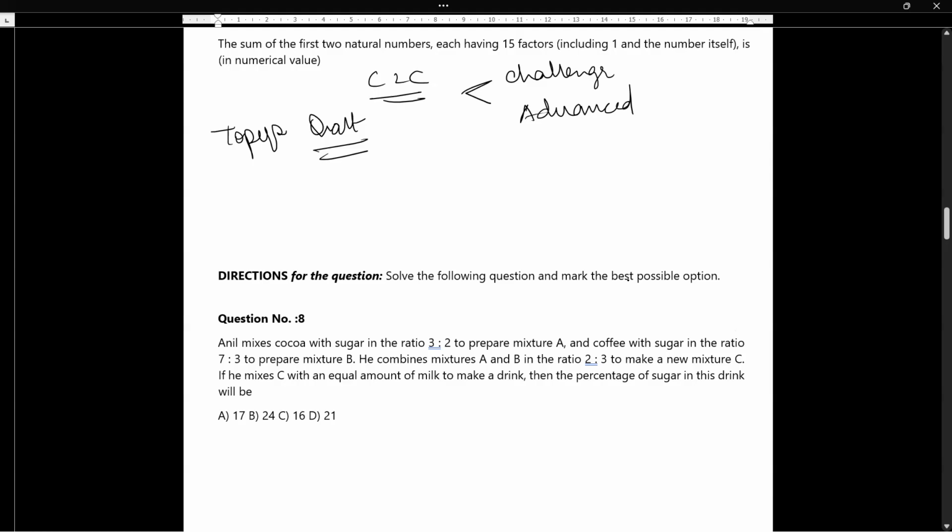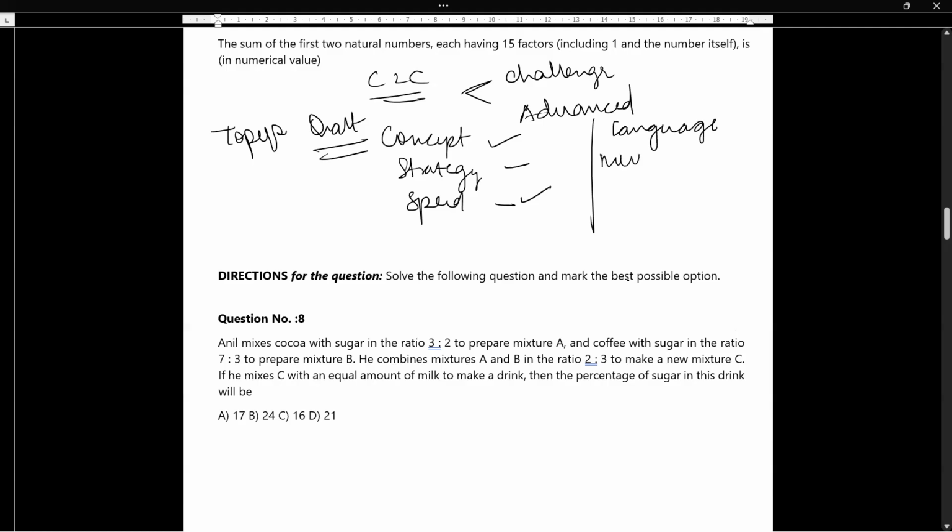For those people, concept wise they are good, strategy wise they are good, speed wise they are at a medium level or good. They need to focus on language and on new or short tricks. So when you solve challenger and advanced level questions, these things will be done.